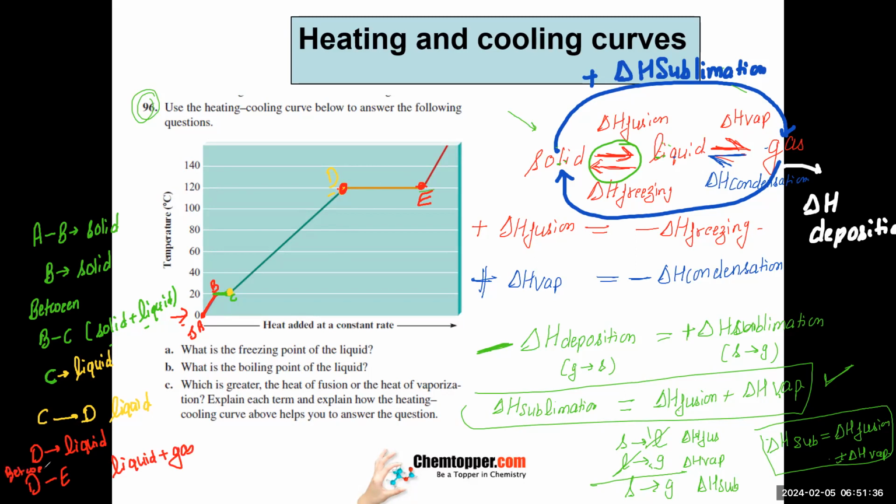Not at D, not at E. D is totally liquid. What is E? E is totally gas. And E to F is gas. Can you identify the states now?